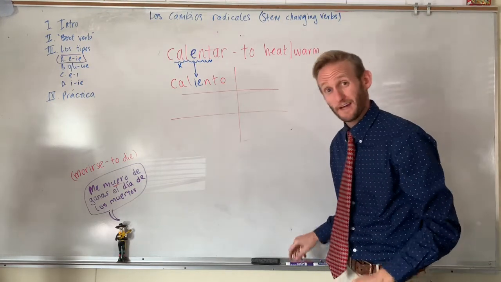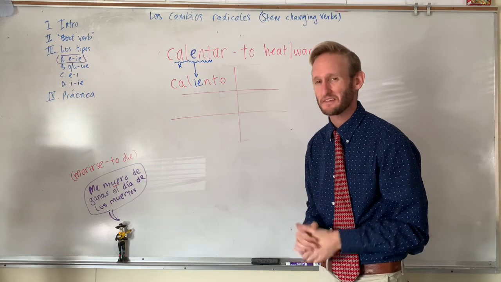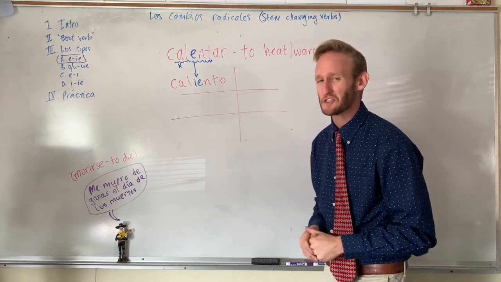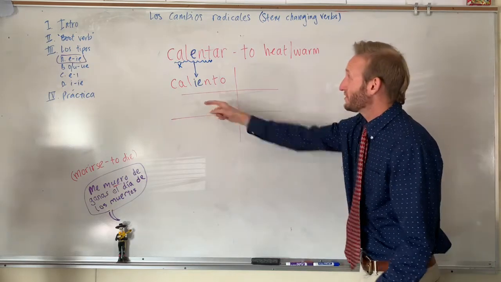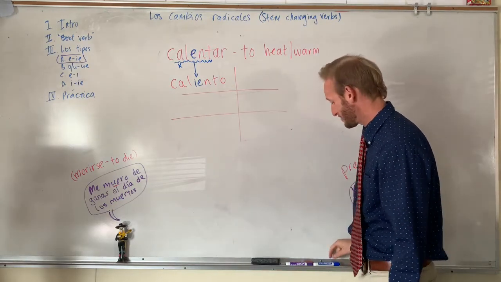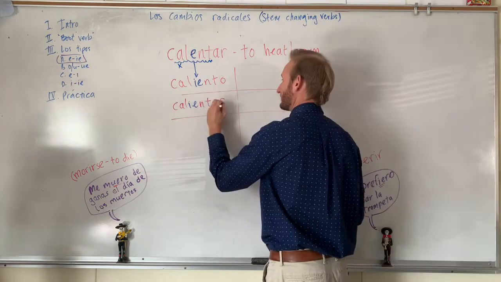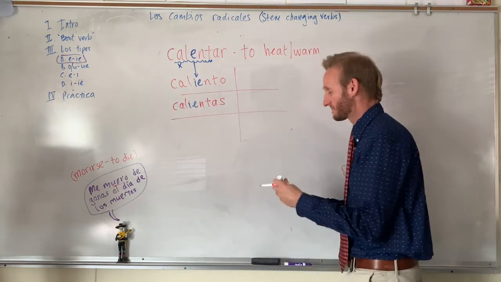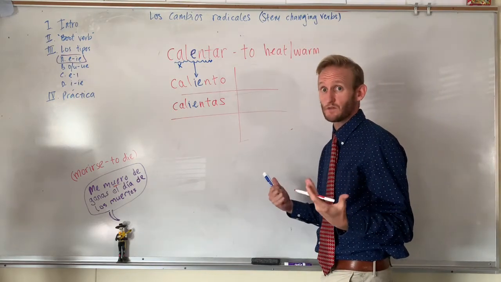Now, go ahead, see if you can get the next couple of conjugations right, and there's going to be some pop-up questions along the way. Here we go. What is you warm or you heat? Like, for example, you heat the water. Calientas. He heats, she warms.